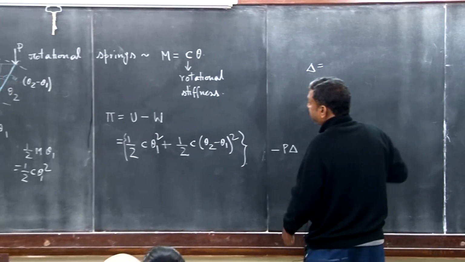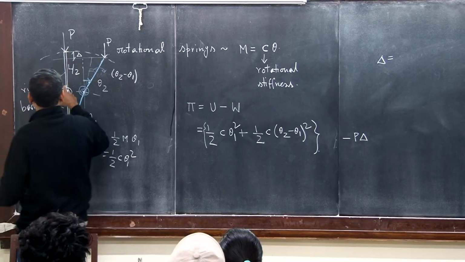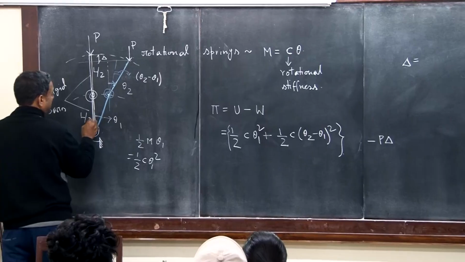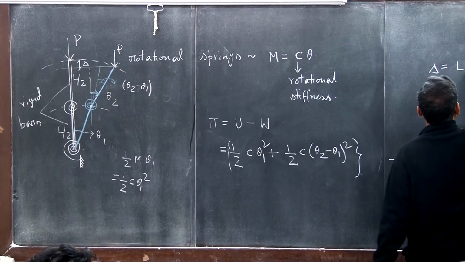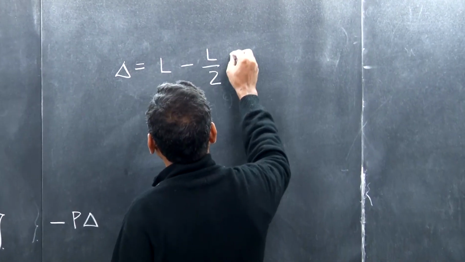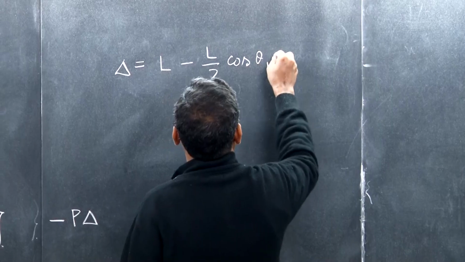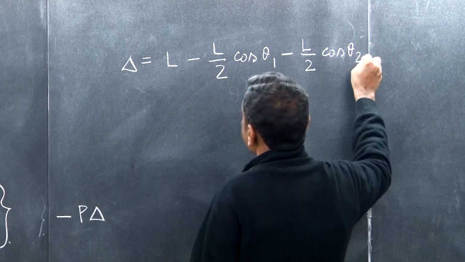Initially these are all length L by 2, L by 2. This is length L by 2, this is also length L by 2. So initially there was L minus L by 2 cosine theta 1 minus L by 2 cosine theta 2.